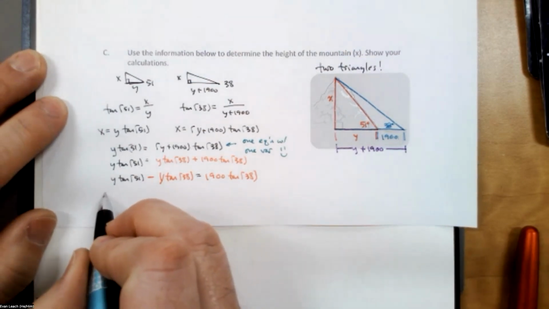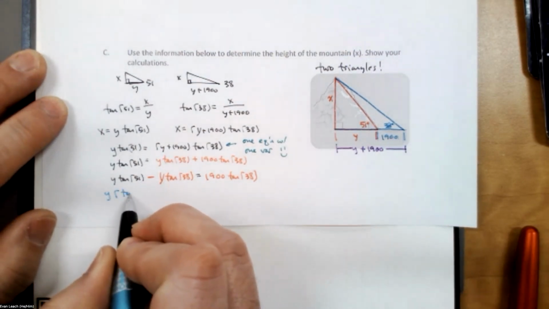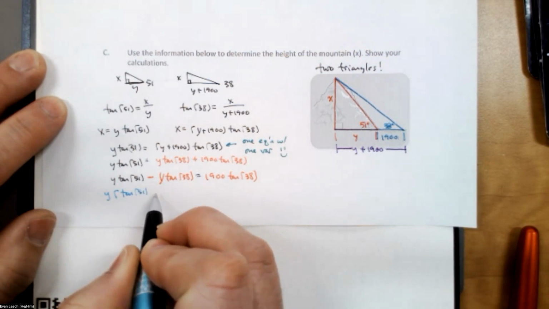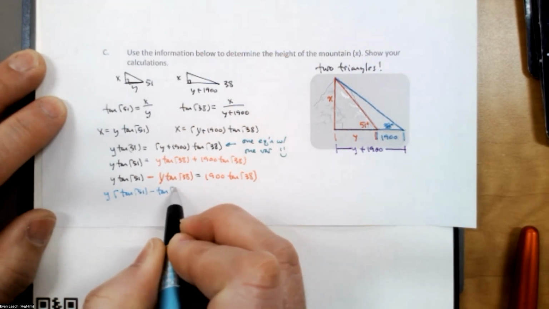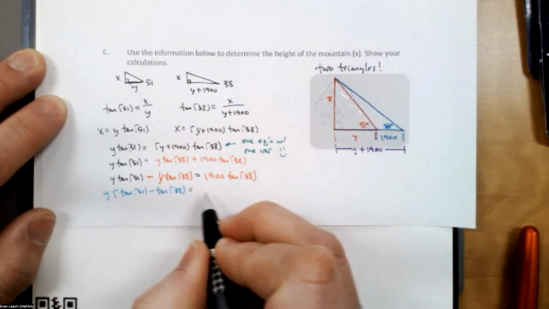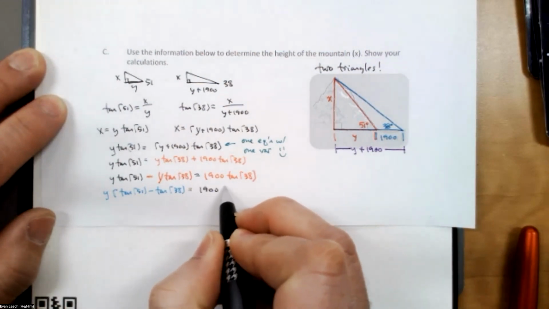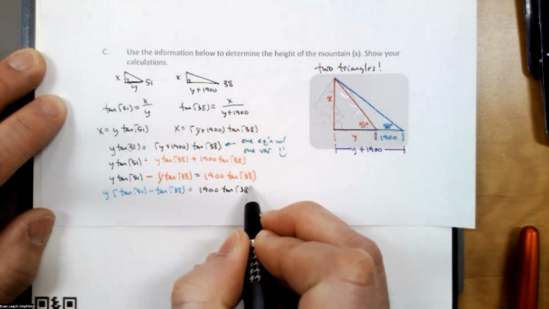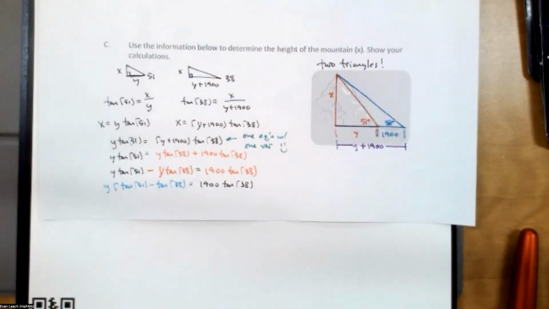So I'm going to say this is y times tangent of 51 minus tangent of 38. So I factored out the y. Now I've got y times a bunch of stuff is equal to 1900 times the tangent of 38. So y, I'll just divide both sides by the bunch of stuff.